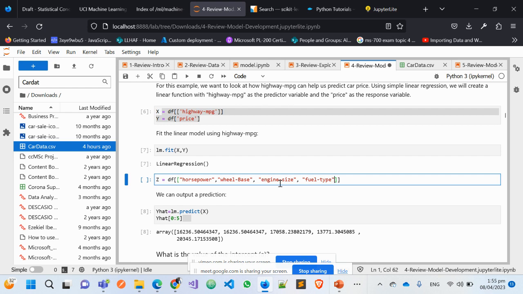So here, this is for multiple linear regression. So Z is serving as the variable to hold four columns against price.